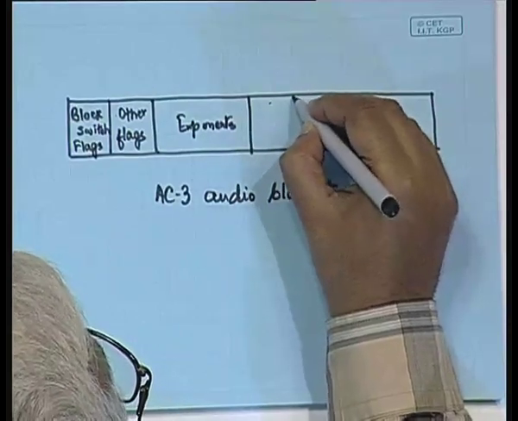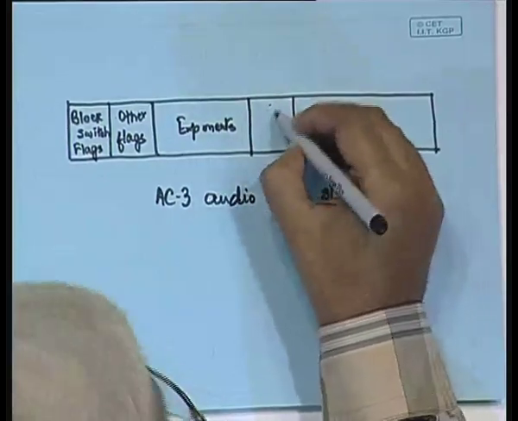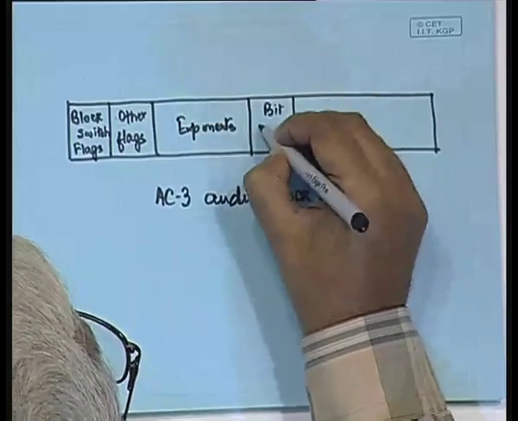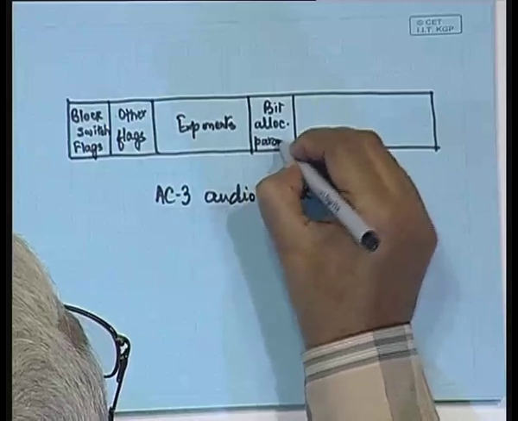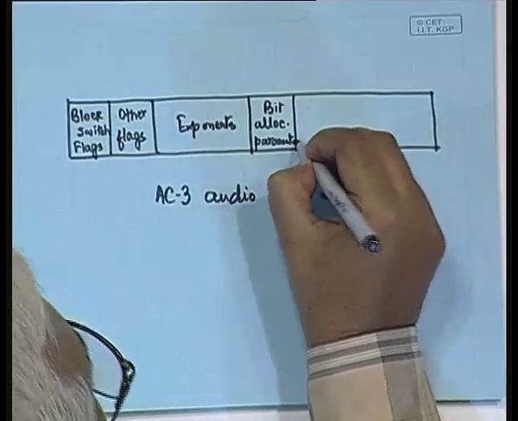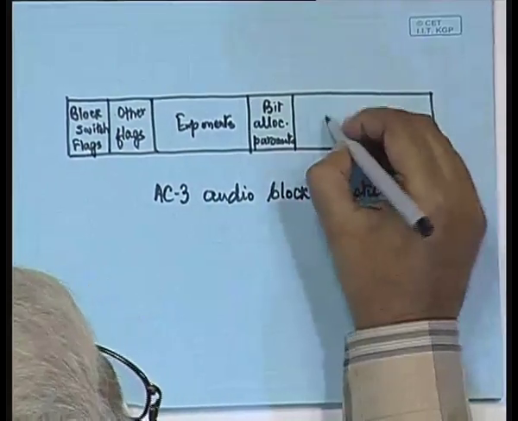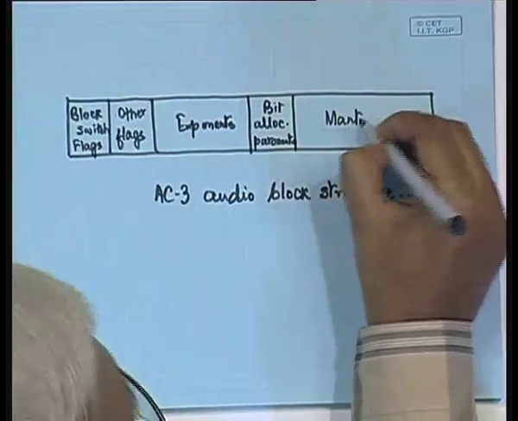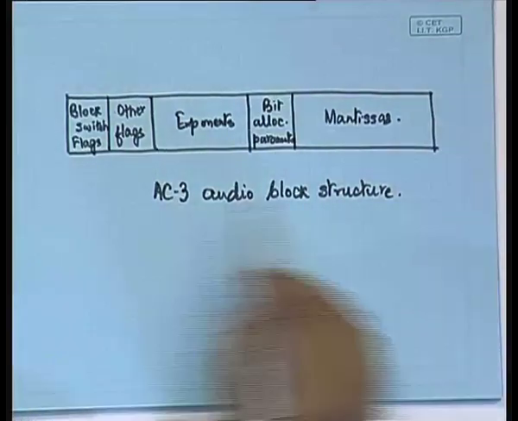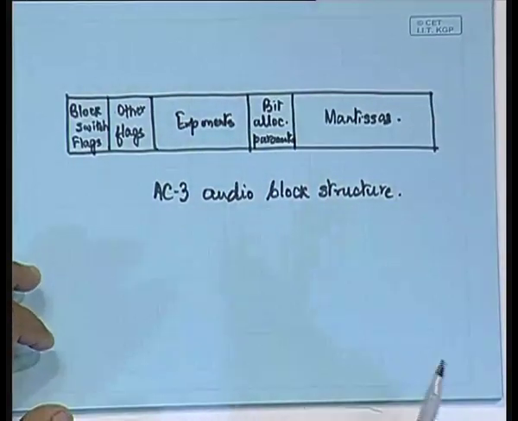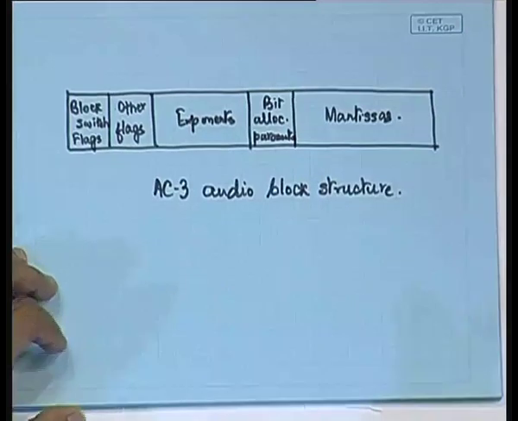But between the exponent and the mantissas we are going to have the bit allocation parameters, and then we are going to have the mantissas. So, this is going to be the AC3 block structure.